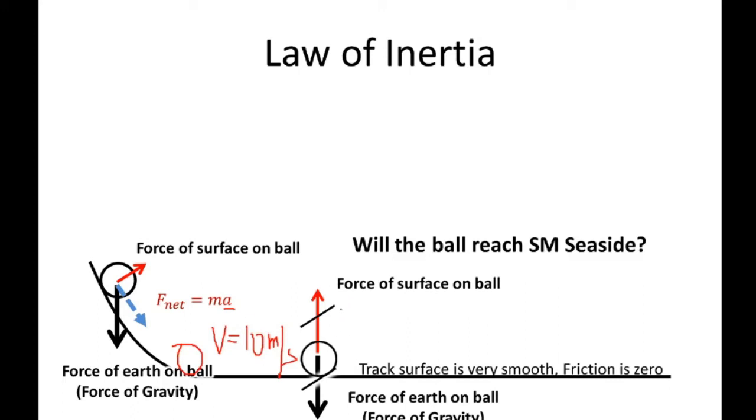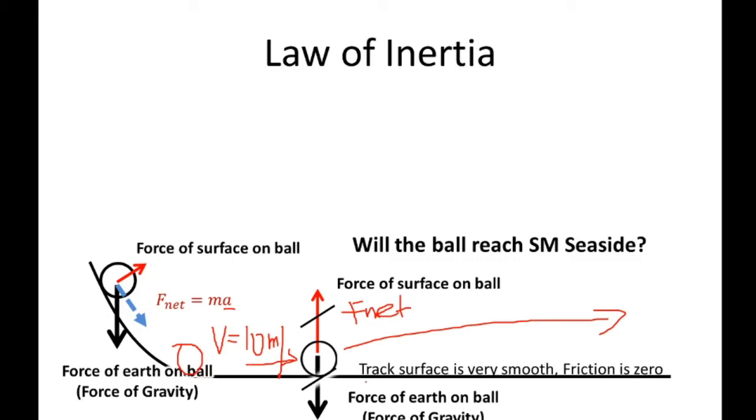Now, since it is already on a flat surface, and as you have seen, the net force here is zero, that means the ball will continue to roll in that direction at 10 meters per second unless there is some sort of friction or air resistance that is trying to slow down the ball.